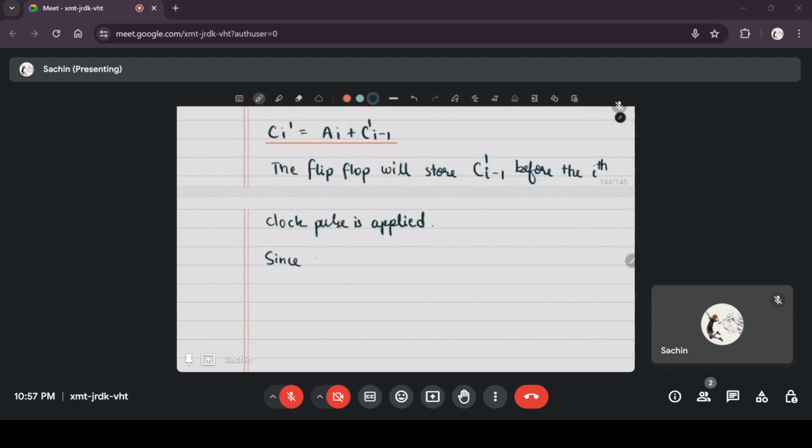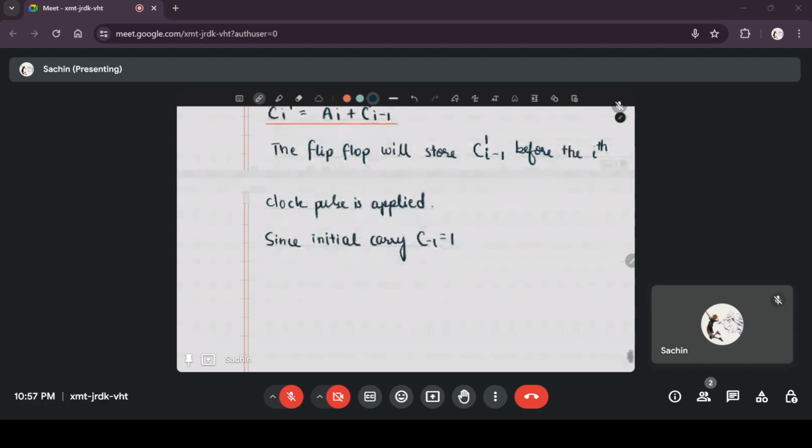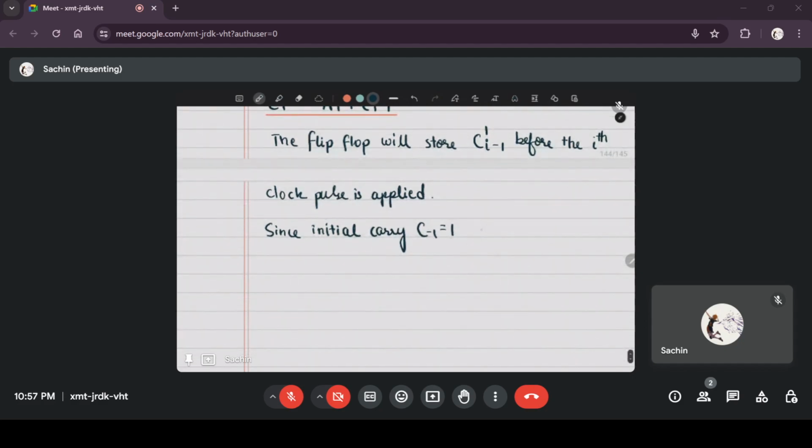Since the initial carry C minus 1 is equal to 1, C minus 1 complement is equal to 0, so the flip-flop is reset to 0.